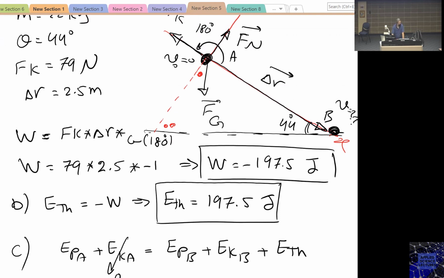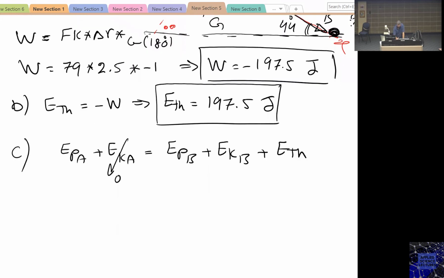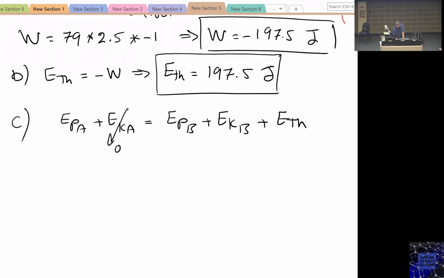In this case, that level has a gravitational potential energy of 0. So I need to look at a different coordinate where my box here is reaching the level of 0.